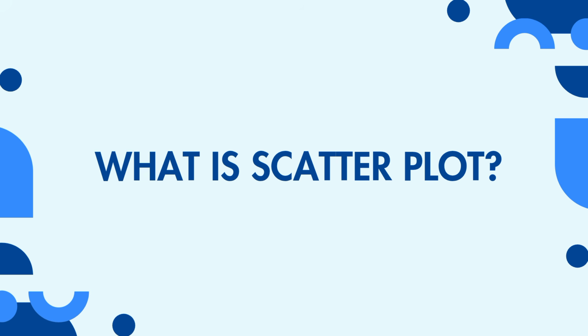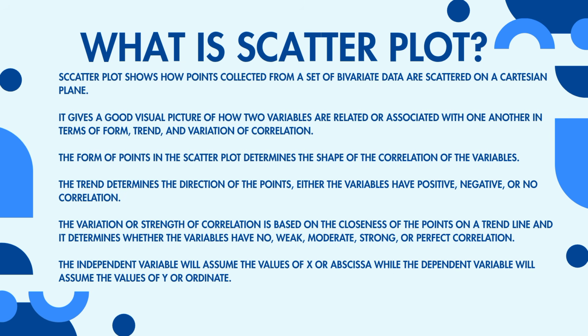Are you wondering what a scatterplot is? Based on the screen below, a scatterplot is a graph that shows the relationship between two variables using points on a Cartesian plane. Each point represents a pair of values from the x-axis and y-axis.